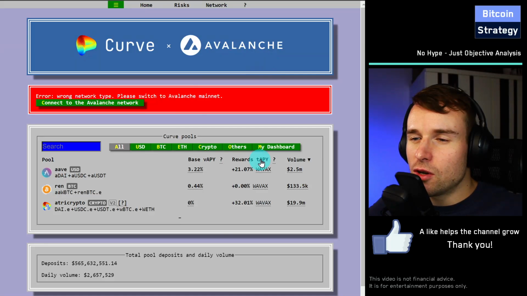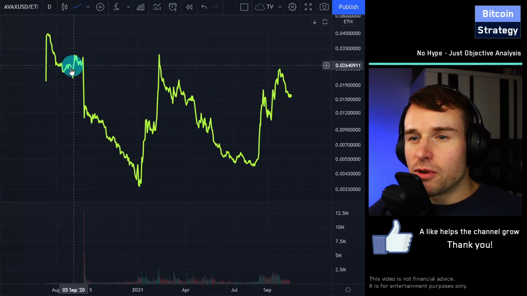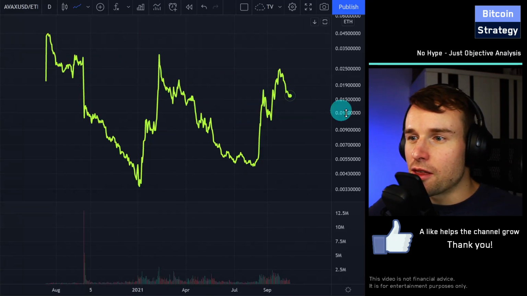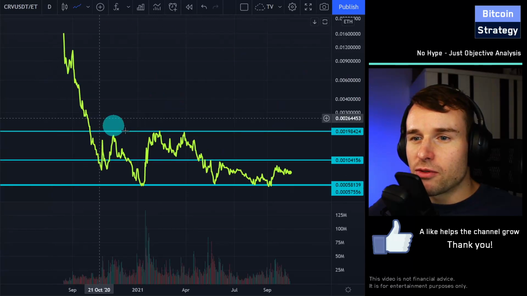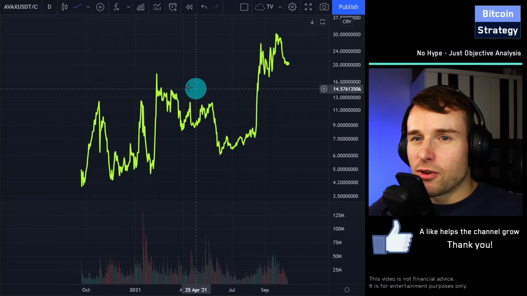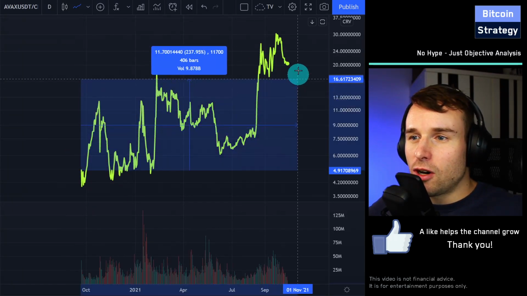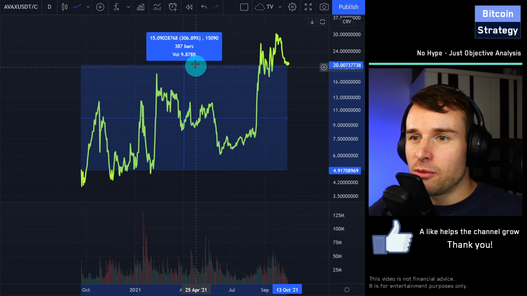And so the question is, do you want to get your payout in AVAX or do you want to get your payout in CRV? Now this is the historical performance of AVAX versus Ethereum. This is the historical performance of CRV versus Ethereum. Or this is the relative performance of AVAX to CRV. So AVAX outperformed CRV in this time frame, a bit over a year, by 3x.